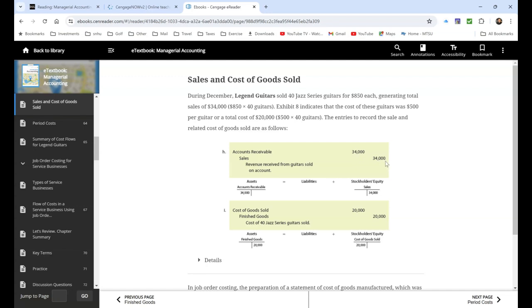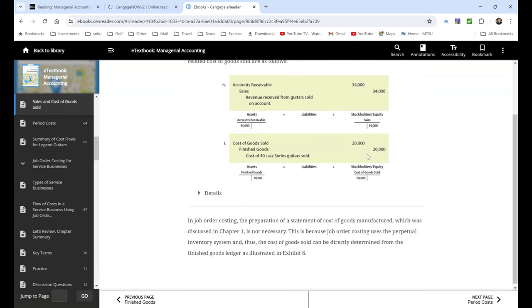It would be in the month you actually sold it. And then you need to remove these costs from inventory and transfer them to cost of goods sold. So you can see here, we're going to make a $14,000 profit on this sale. And so now we've decreased our inventory because we no longer have the guitars. It is now an expense. We've recorded the revenue, and now we have an asset, which is going to be either accounts receivable or cash.